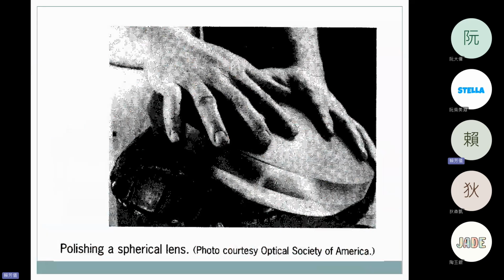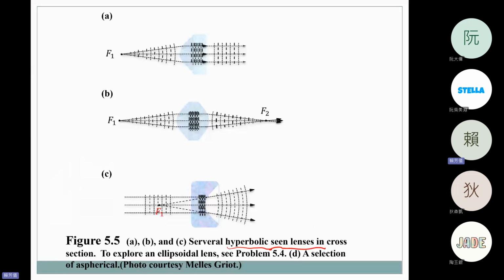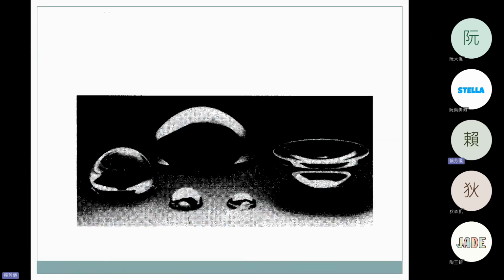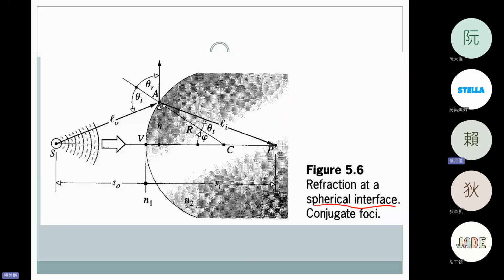Okay, so here it is mentioned that if we use the hyperbolic lens or the ellipsoid lens, then we can have a perfect image point. But now we are using the spherical interface to get close to the perfect Cartesian surface.